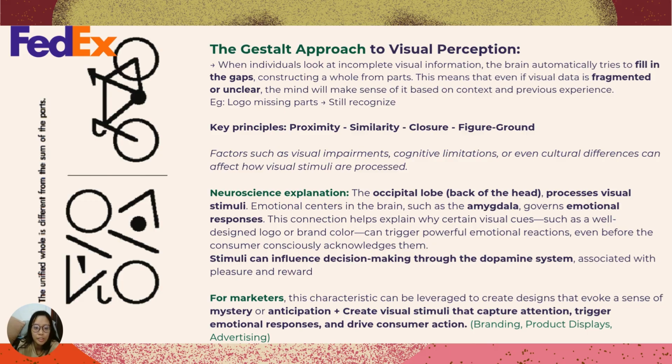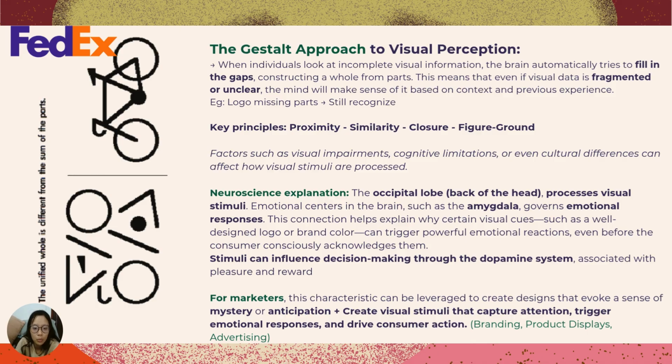And the challenge in visual perception is that while visual perception is a powerful tool, it is not without limitations. Some individuals may experience difficulties in interpreting, combining, and remembering visual impressions. Factors such as visual impairments, cognitive limitations, or even cultural differences can affect how visual stimuli are processed. For example, color blindness may affect how someone perceives brand color or product design.